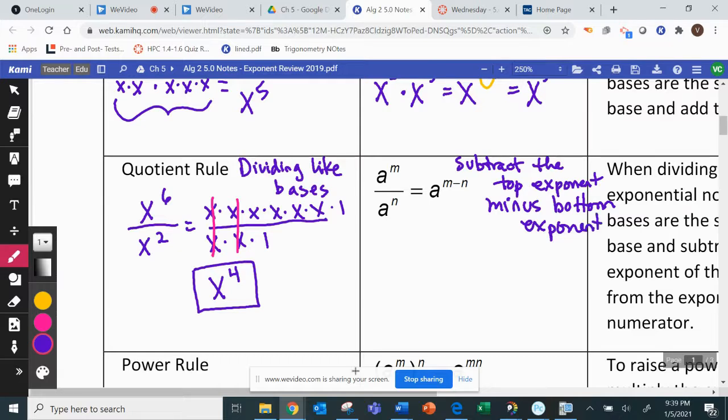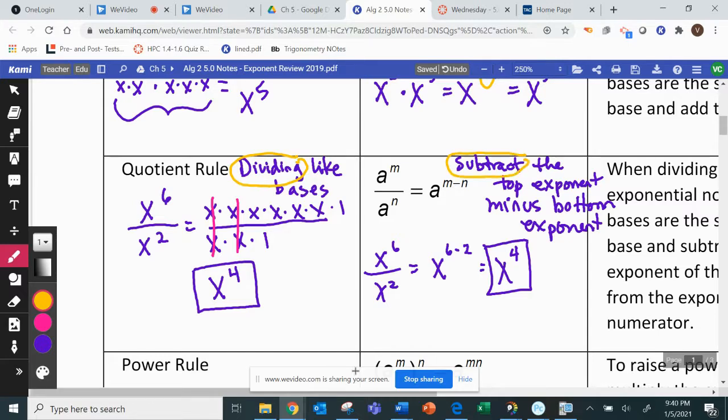So with my example, x to the 6 over x squared, I could rewrite it using this algebraic rule saying x to the 6 minus 2, which is x to the fourth. So that is a shorter way of doing it, but you have to remember the rules. Notice that dividing like bases, but subtracting exponents are different.